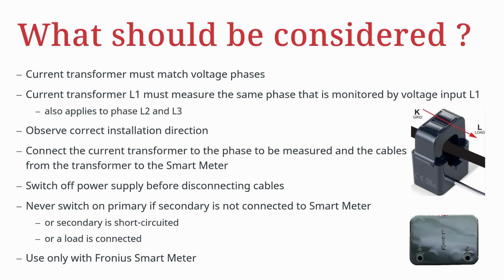Or, in some other cases, if the secondary is short-circuited, that is also not a good variant. And the last one is when a load is connected. So never switch on the primary if a load is already connected. And the last point, a bit of an obvious one, is to use it only with the Fronius Smart Meter.